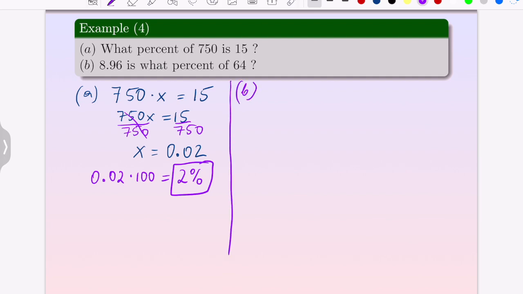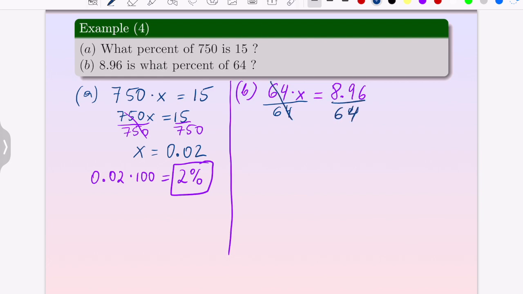Part B, original amount: 8.96 is what percent of 64. So 64 is the original amount times my x is equal to, and the final amount is 8.96. So to solve it for x, we would divide by 64, divide by 64.